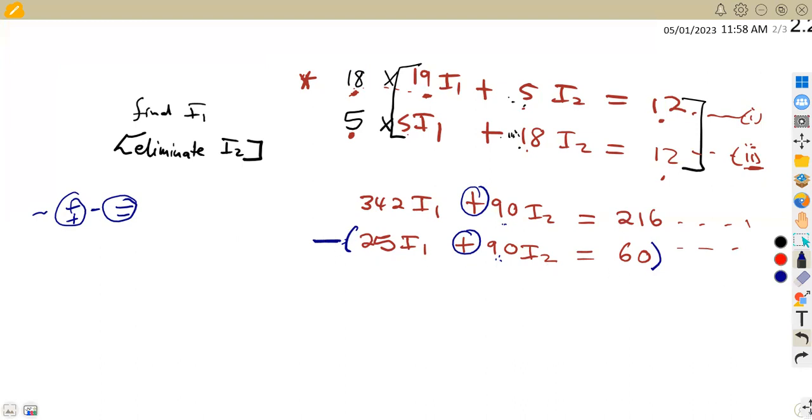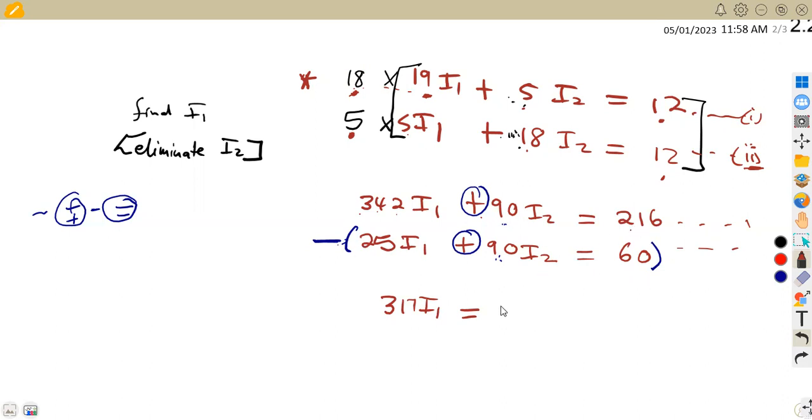That's 342 minus 25, which is going to give us 317 I1. 90 minus 90 is 0, which means we have eliminated I2. We remain with the constant terms, 216 minus 60.